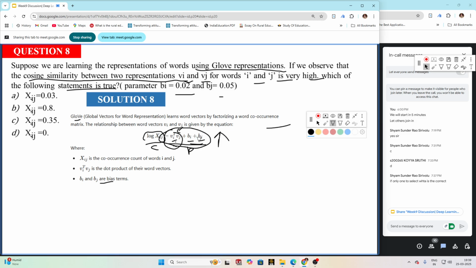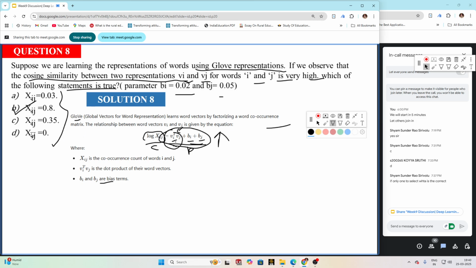The right hand side value will be large when log of X_ij is large, and log of X_ij is large when X_ij is large. So you have to see which X_ij is maximum out of the four options. The maximum is B, so B is the right answer.